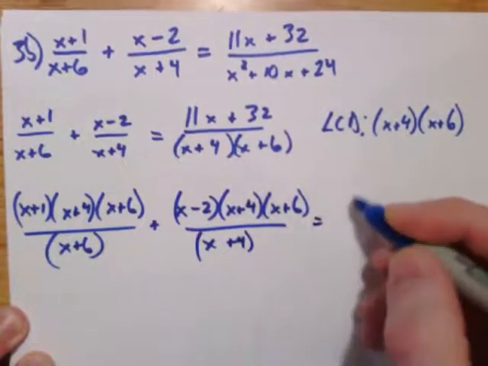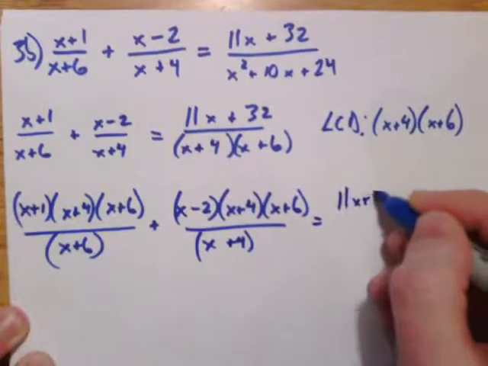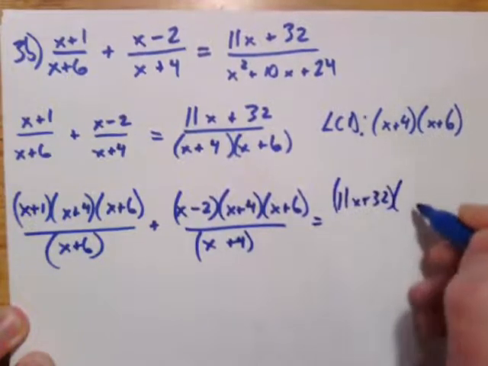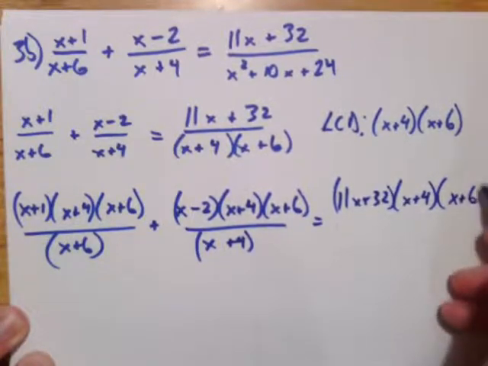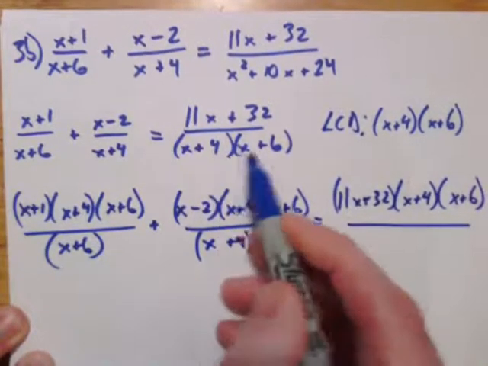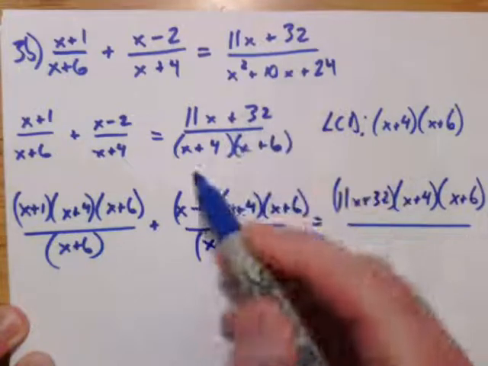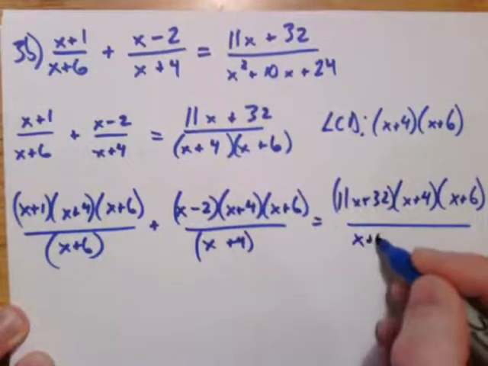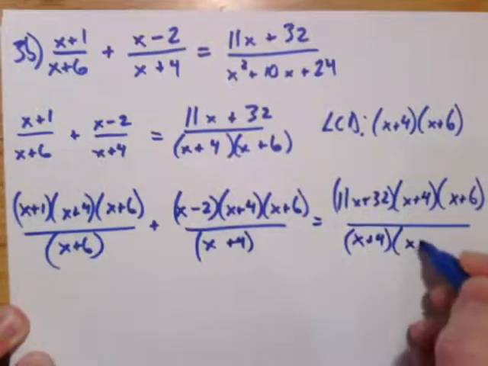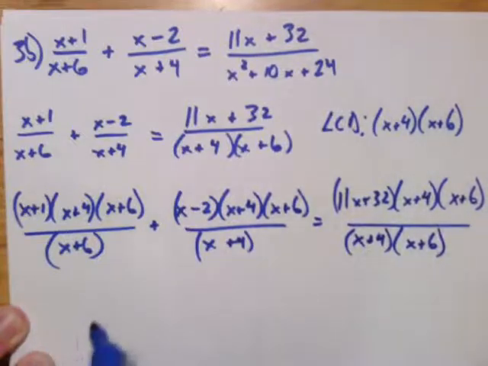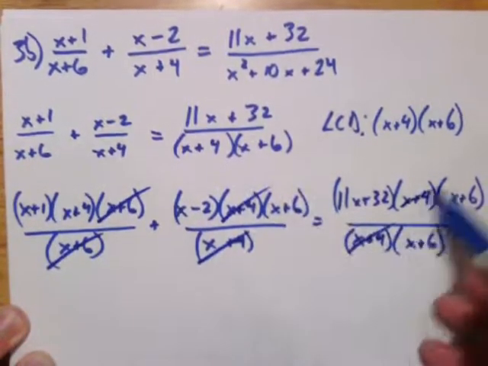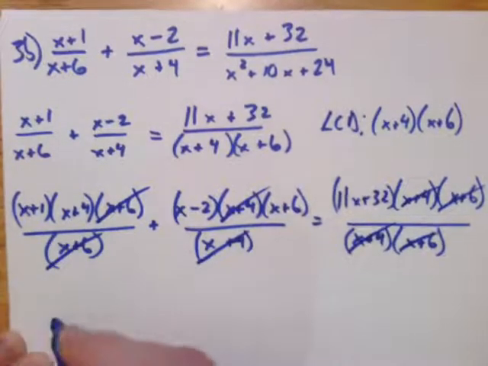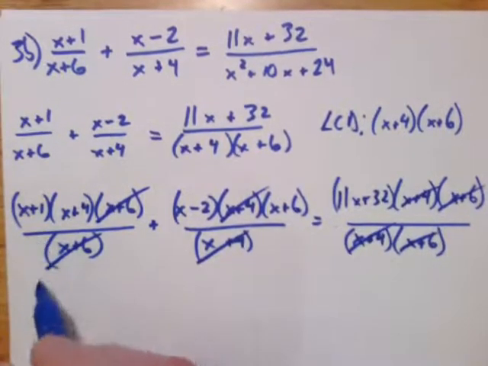Now the big one equals 11x plus 32 times x plus 4 times x plus 6. Now, you can write it like this, you can write it like this. It's all going to cancel anyway. x plus 4, x plus 6. Now we do some canceling. 6 and 6, 4 and 4. Rewrite it.